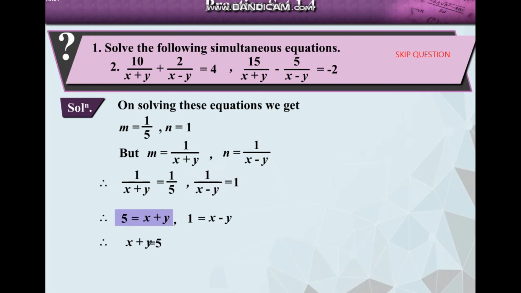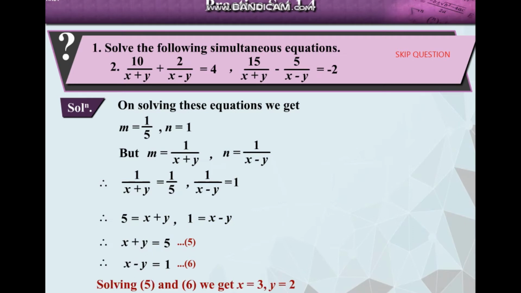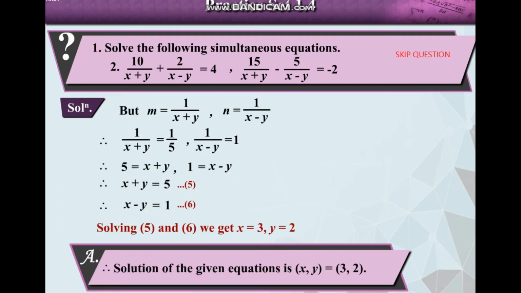Therefore, x plus y is equal to 5. Equation 5. x minus y is equal to 1. Equation 6. Solving equations 5 and 6, we get x is equal to 3, y is equal to 2. Therefore, solution of the given equations is (x, y) is equal to (3, 2).